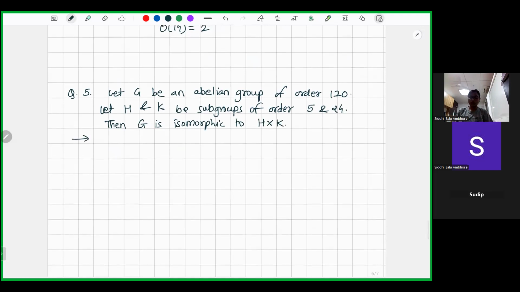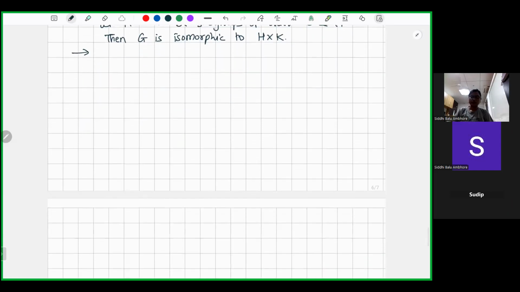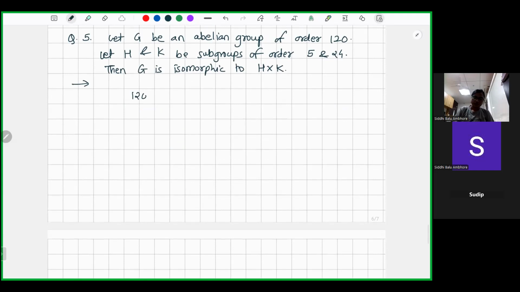If you want to use the structure theorem here, 120 is 2 cubed into 3 into 5.